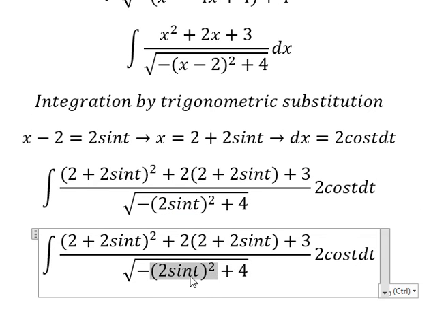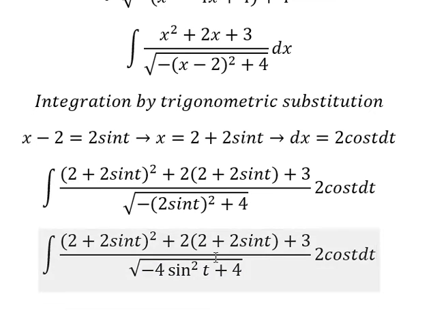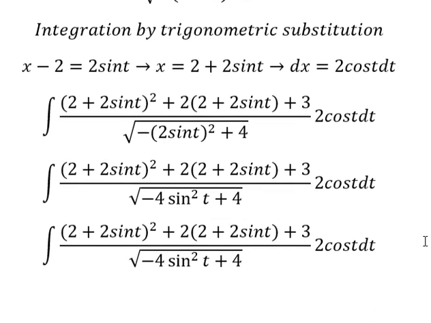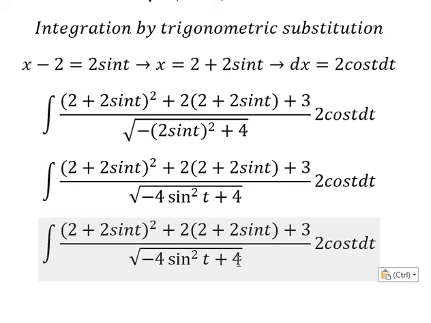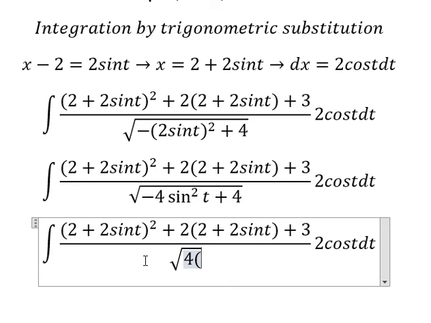This one we have number 4 sine t square. So number 4 and number 4 we can do factorization. And now we have like this.